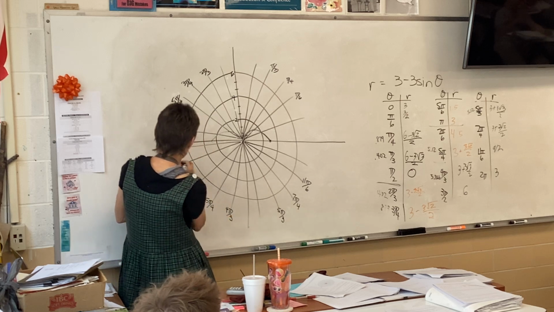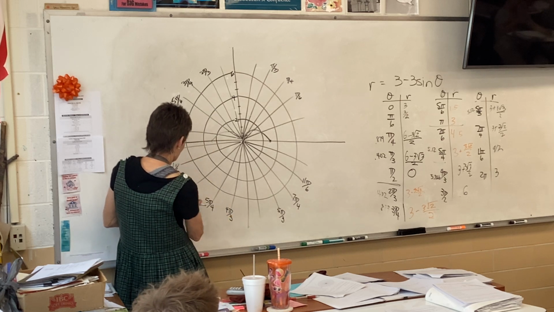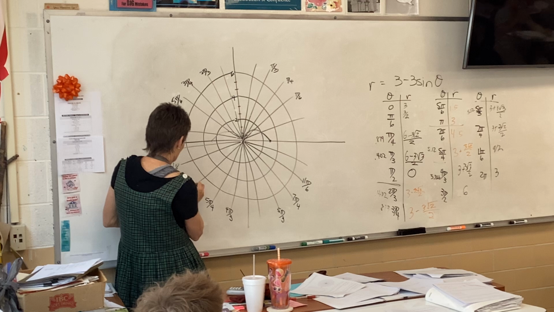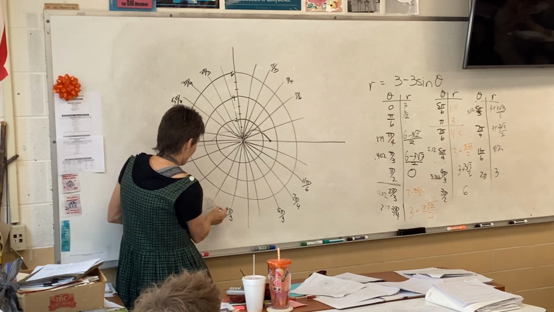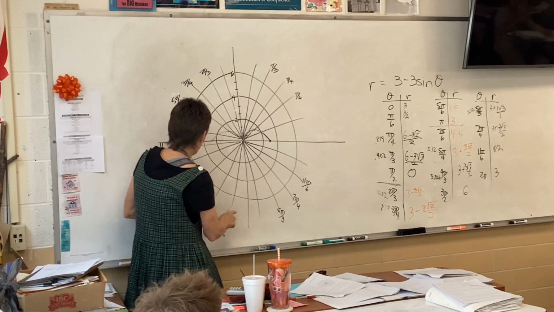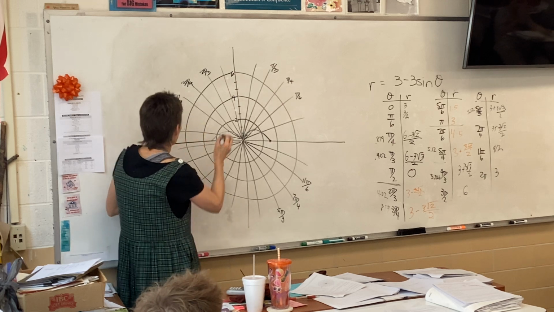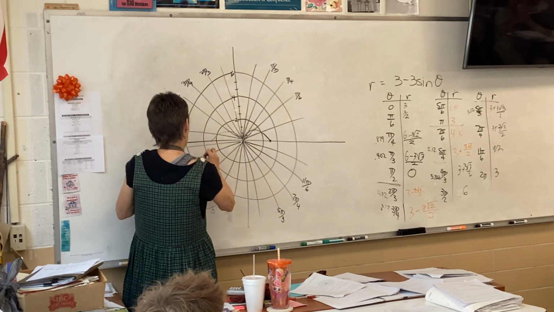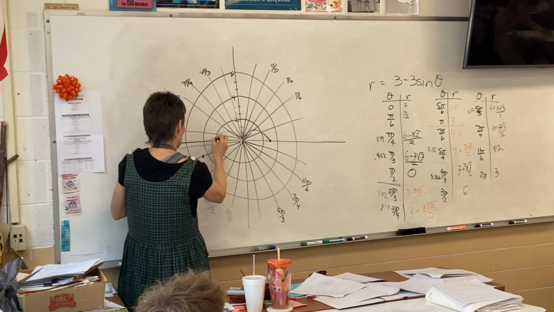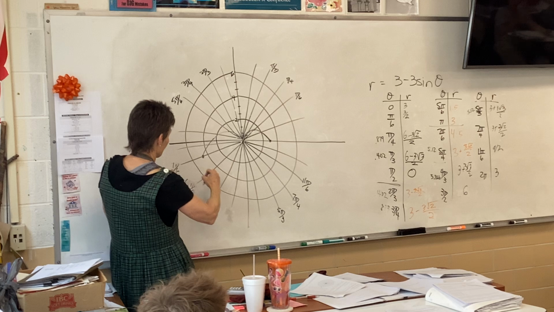All right, and let's label this 7 pi over 6. Okay, so at 7 pi over 6, I'm at 4.5. I'm coming out now, I'm growing.